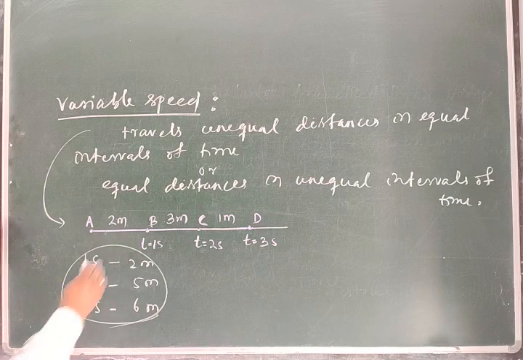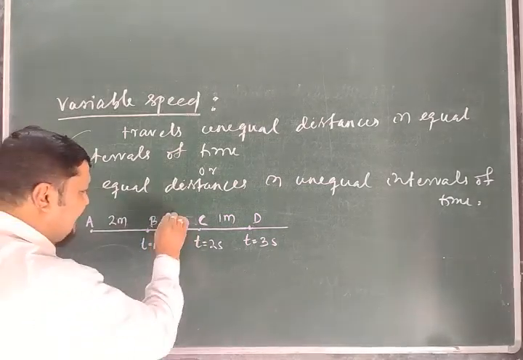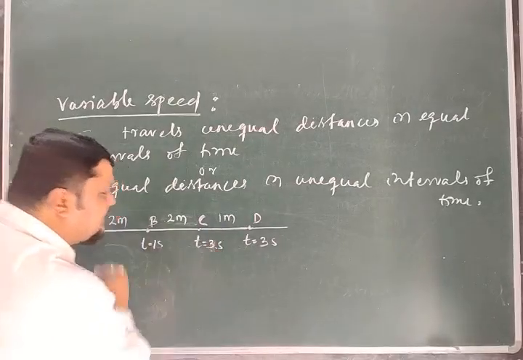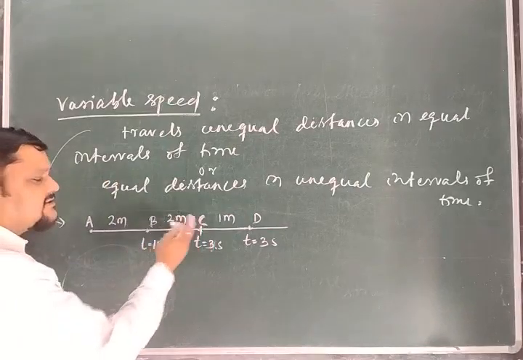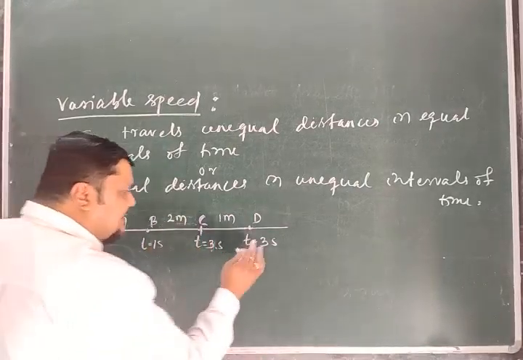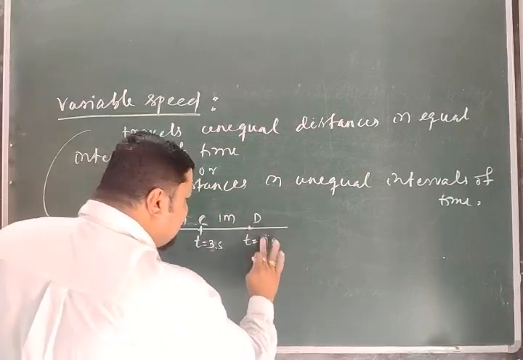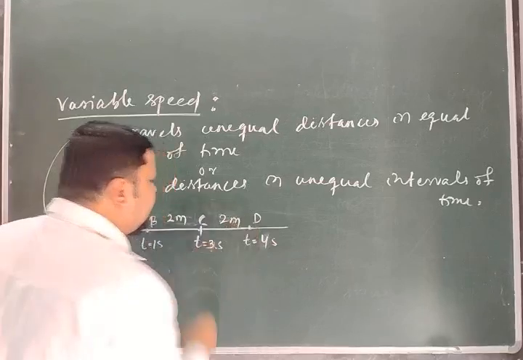Or the other case may be, suppose 2 meter, and the same 2 meter from B to C it travels, but it takes t equal to 3 seconds. When I find it at C, at 3 seconds, it covers this 2 meter. Then at 4 seconds, it covers again 2 meter.